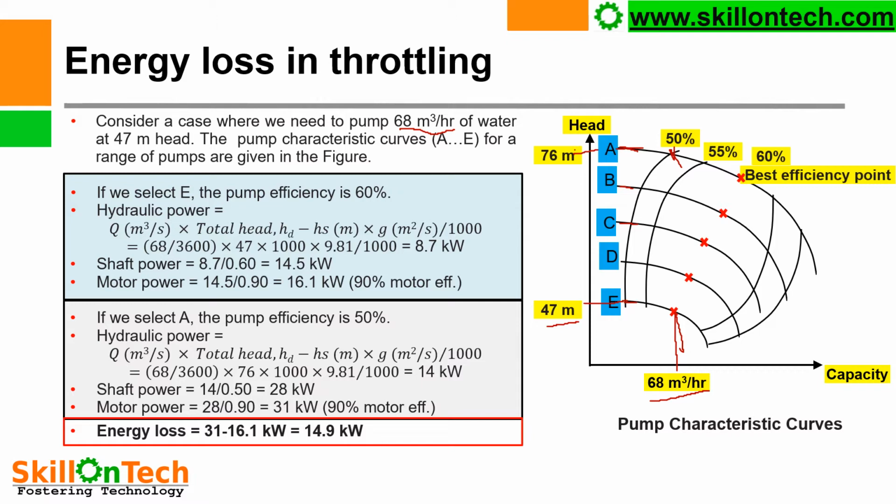Means if we operate the pump by throttling, we will have an energy loss of 31 minus 16.1 kilowatt, equal to 14.9 kilowatt. So this is an example of how we are losing a lot of energy in pump operation by throttling a discharge valve.